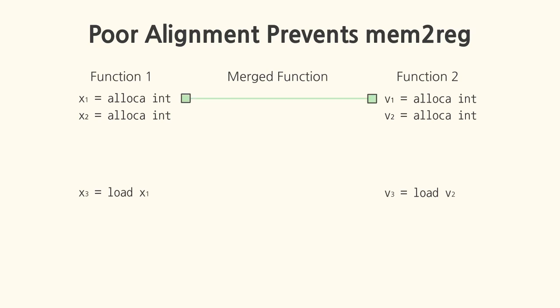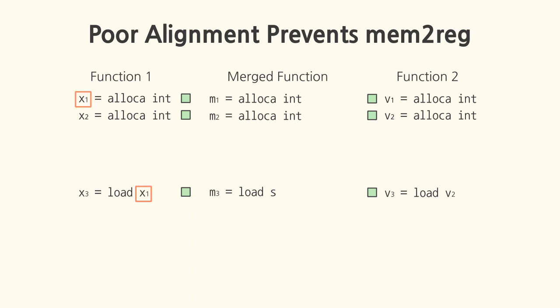For example, if we merge these instructions, we'll see that the corresponding load instruction from each function is using a different address. Function 1 is loading from the first allocated address, while function 2 is loading from the second. As a result, the merged load instruction will need to select which address to use, depending on the function identifier.